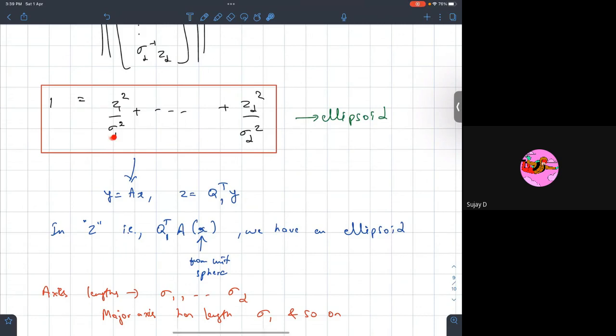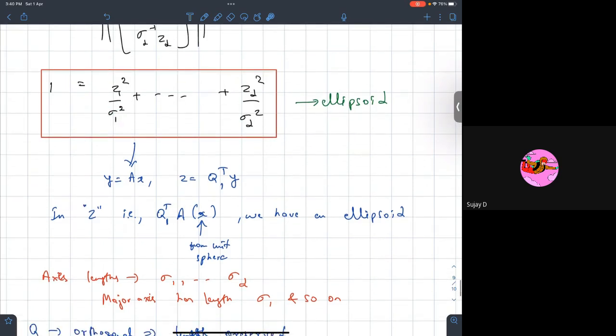Because in the previous case, I had lambda 1 y1 square plus lambda 2 y2 square, whereas here I'm getting it in the denominator. So sigma 1 is the one that decides. So the axis lengths are sigma 1 to sigma d, and the major axis is decided by the largest singular value.